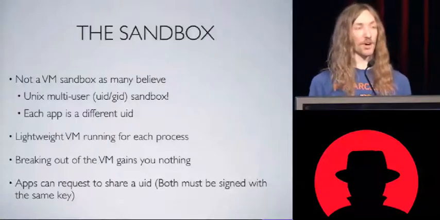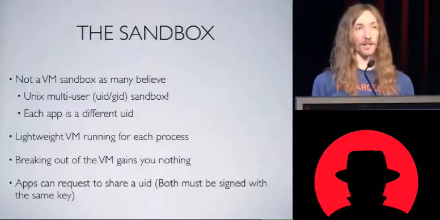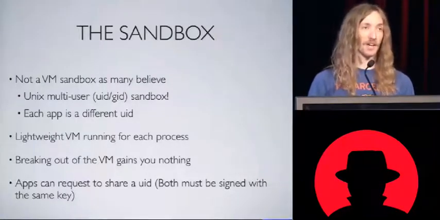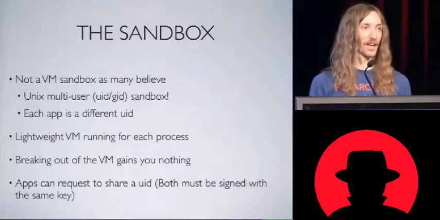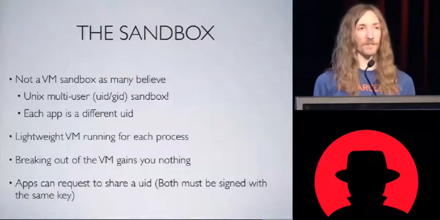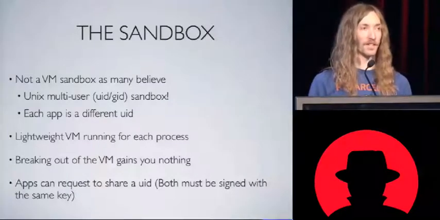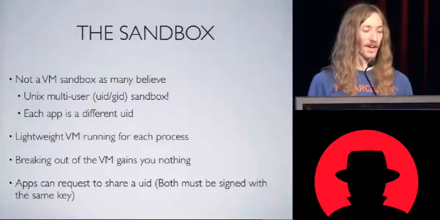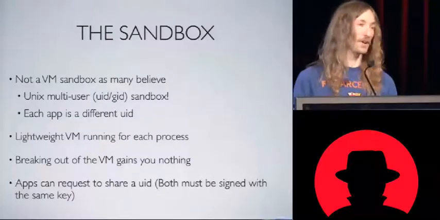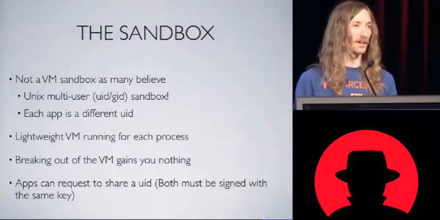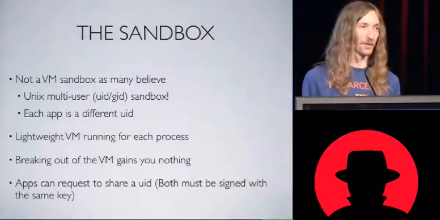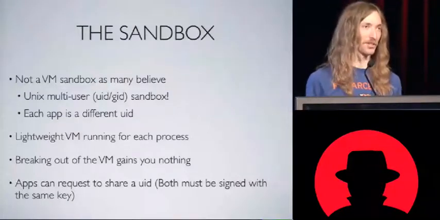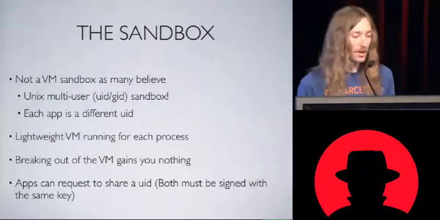And every process is running as a separate UID. All those processes are going to have a VM, which is lightweight. The Dalvik VM is just a lightweight Java-like VM that's actually based off of passing registers rather than on the stack. If you find a way to break out of this VM through an attack, it's not going to gain you anything because you're still just running within that process with those user's permissions.